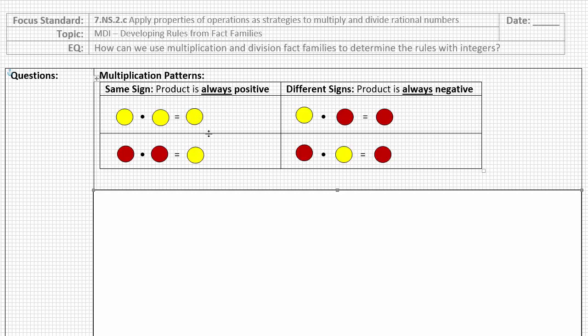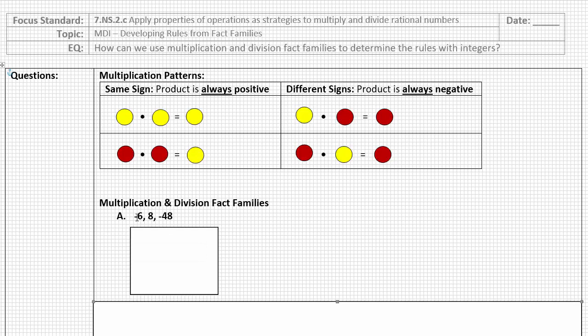And so now today we're going to look at some multiplication and division fact families to see if we can figure out more about the division patterns and the division rules. So let's look at our first fact family. If we look at the numbers -6, 8, and -48, we want to look at the multiplication and division fact family. Here's what I mean by that.